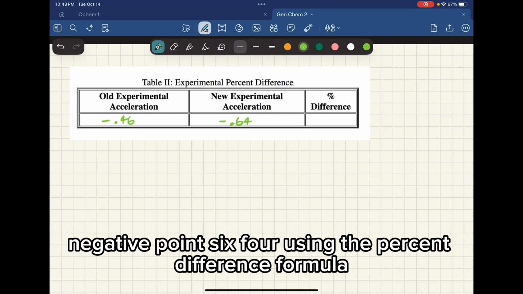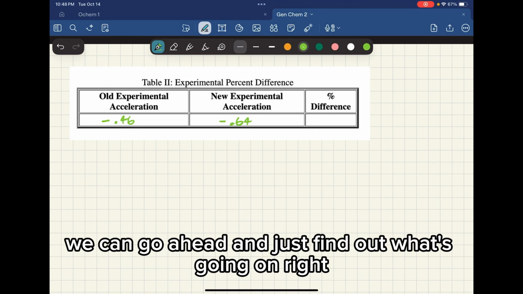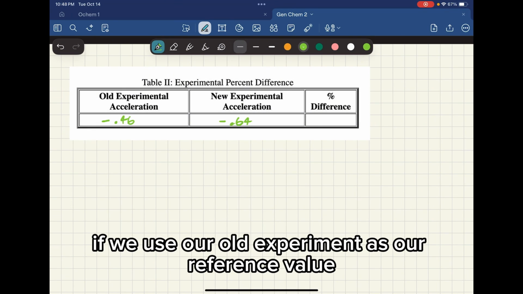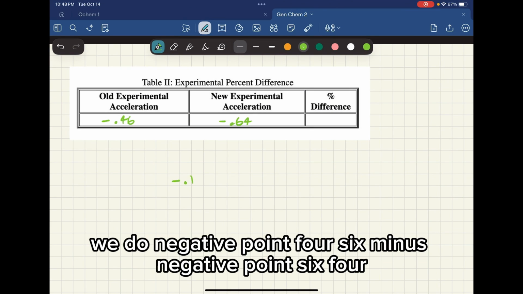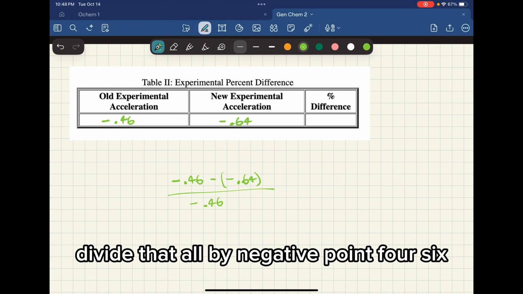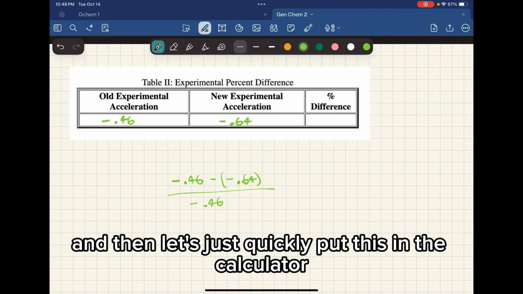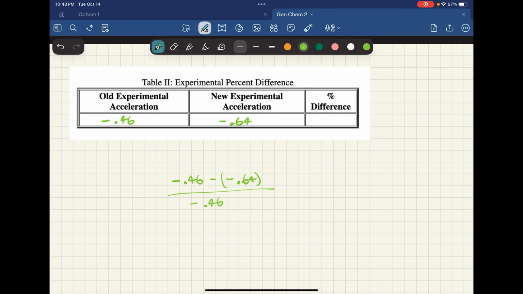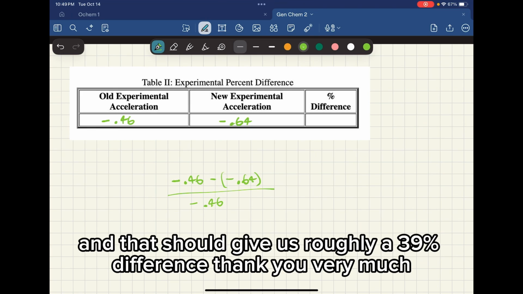Using the percent difference formula, if we use our old experiment as our reference value, we do negative 0.46 minus negative 0.64, divide that all by negative 0.46, and then let's just quickly put this into the calculator. And that should give us roughly a 39% difference. Thank you very much.